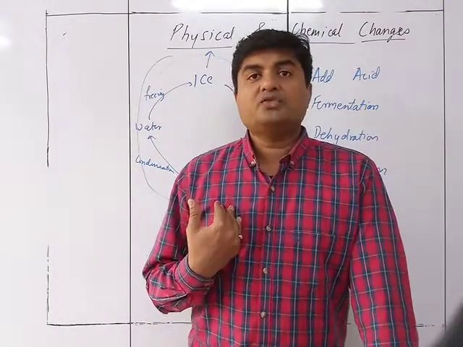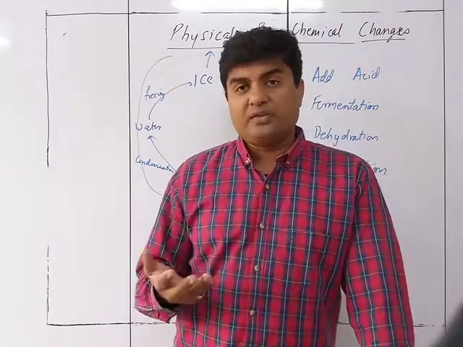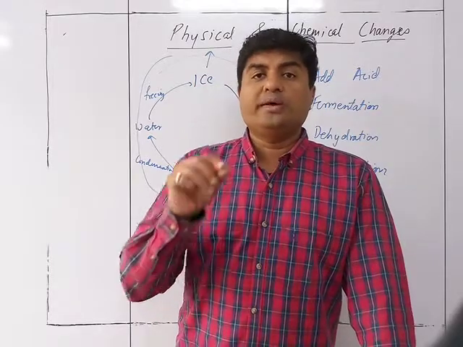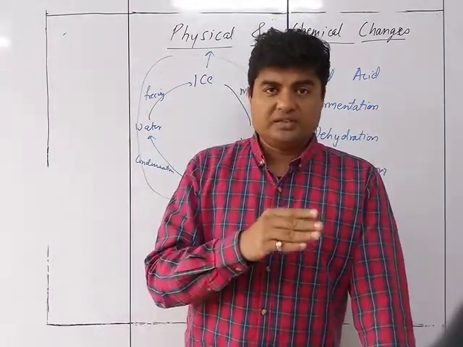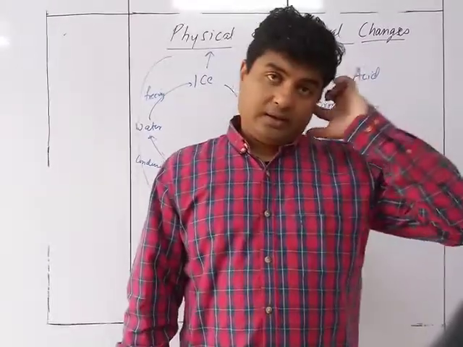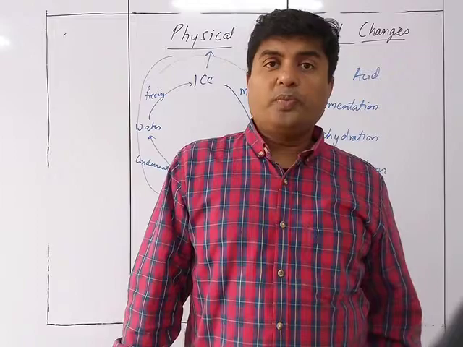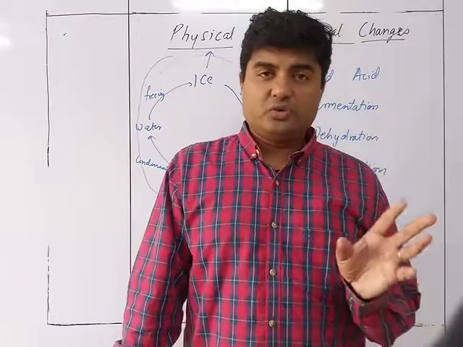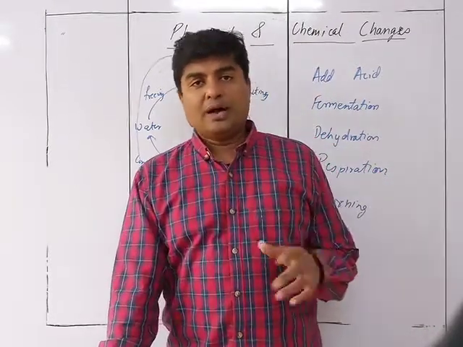So that the rusting does not take place, we normally paint the surface or coat the surface with something so that rusting does not happen. So to prevent rusting, we coat the surface. So that is again a kind of prevention method.